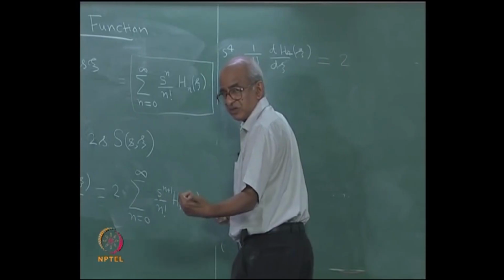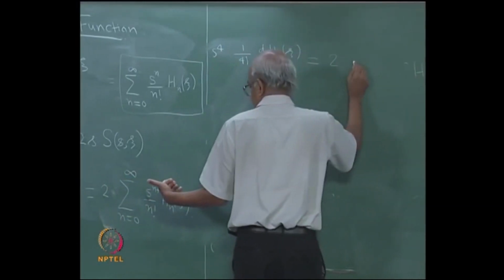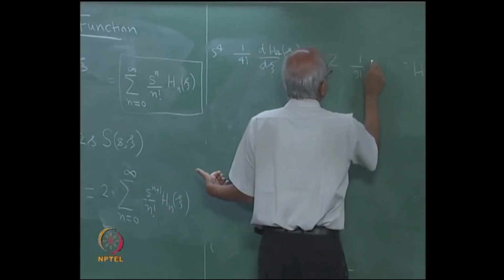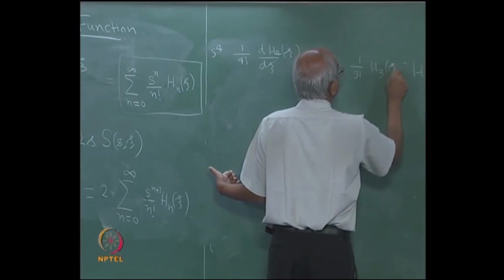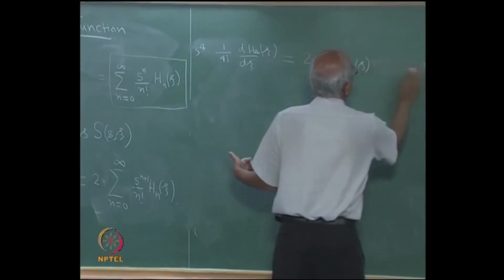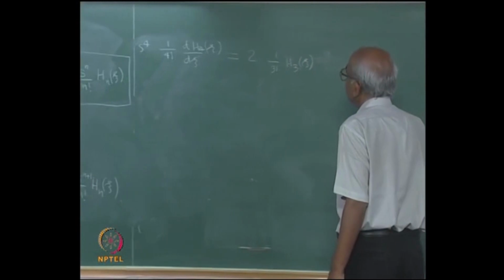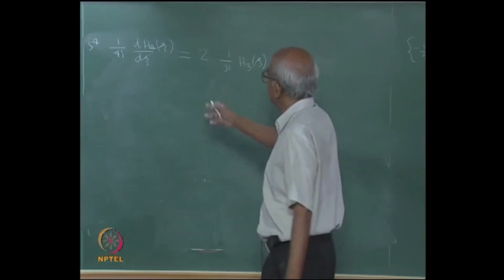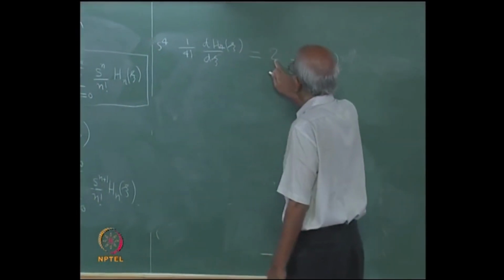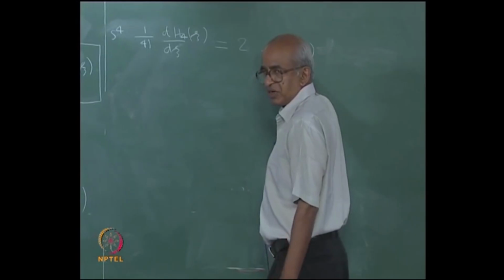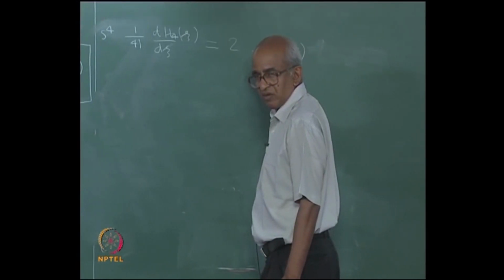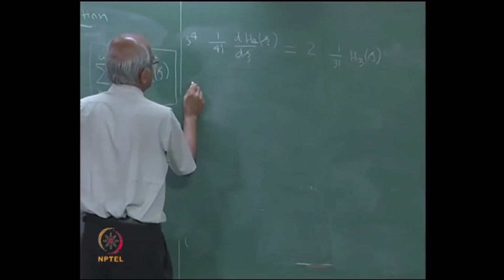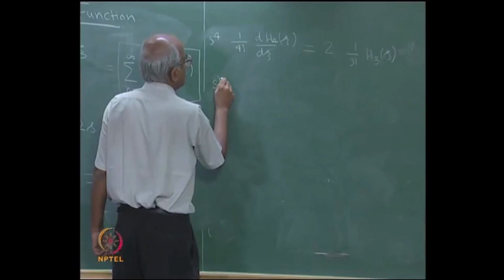That means n should be equal to 3, and therefore you are going to get 1 by 3 factorial H3(ξ), correct. This is what you are going to get. That means dH4 by dξ is actually equal to something in terms of H3, right. So instead of equating the power of s to the power of 4, suppose I had equated the power of s to the power of n.